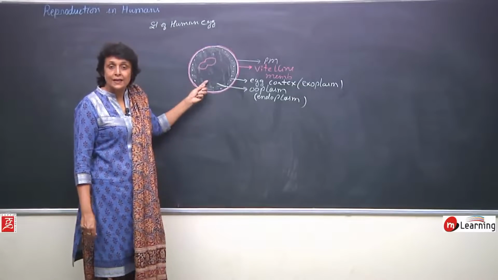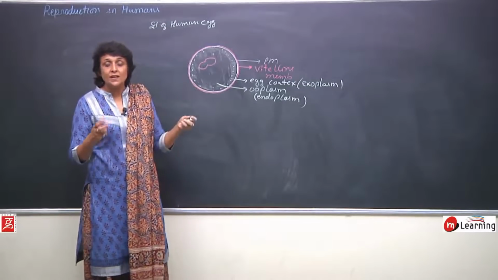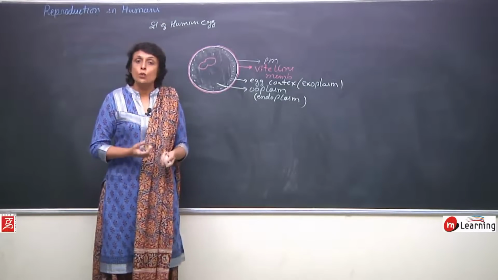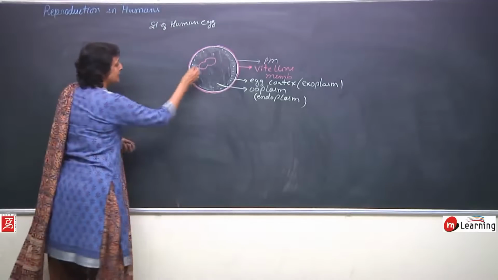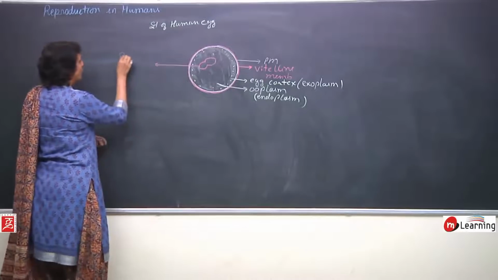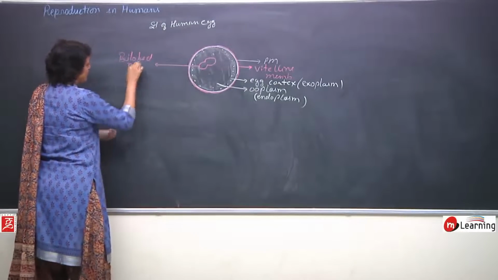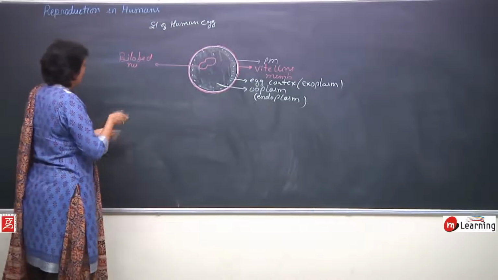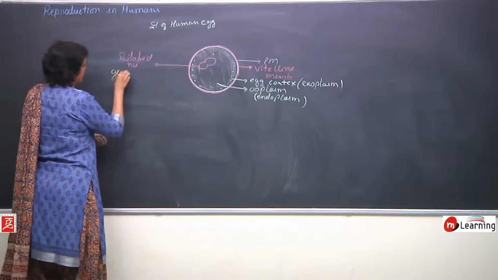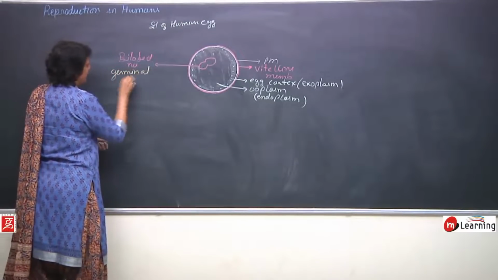In case of egg, the nucleus becomes bigger by making more and more nucleoplasm, and this is a bilobed nucleus which is known as germinal vesicle.